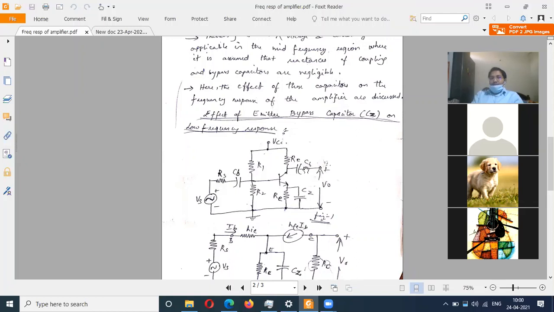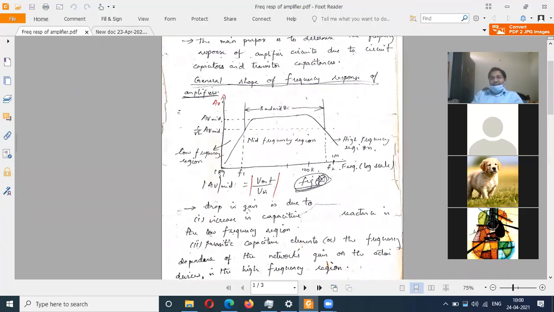Anyway, so these capacitive effects are seen at low frequency, right? This characteristic is due to the capacitors in the circuit. This characteristic is due to the junction capacitors. PNP transistor or NPN transistor, let us take NPN transistor.